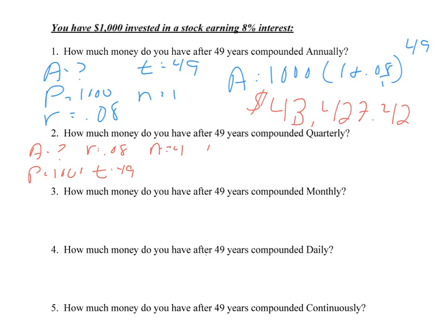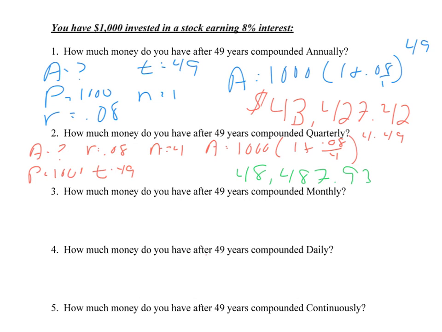So A is equal to 1,000 times (1 plus 0.08 divided by 4, which of course is 0.02), raised to the 4 times 49, which of course is 196. So whip that into your calc and see what you get. Very good. You get $48,487.93.